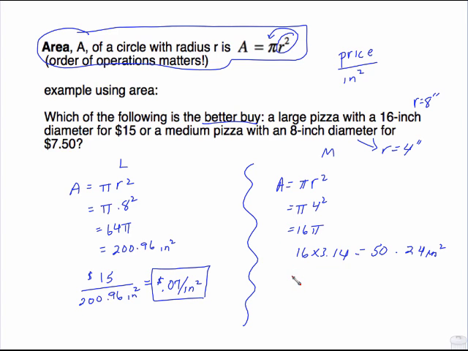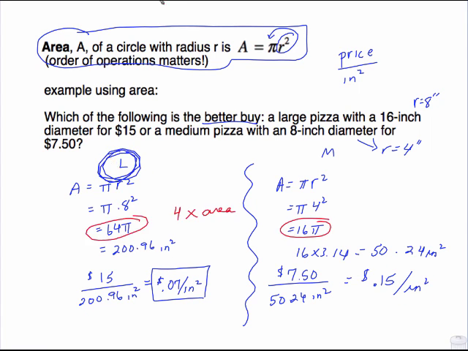And the price per square inch, we're looking at a $7.50 pizza, and we're getting 50.24 square inches, and that works out to be 15 cents per square inch. So the large pizza is the better buy.